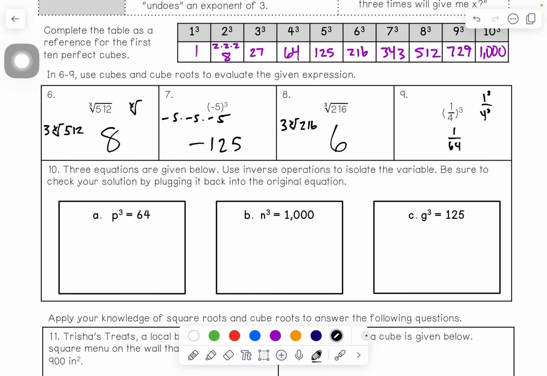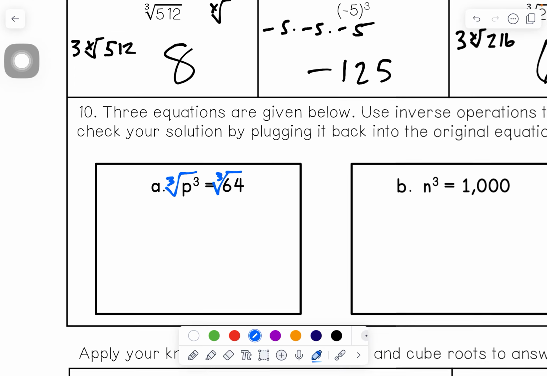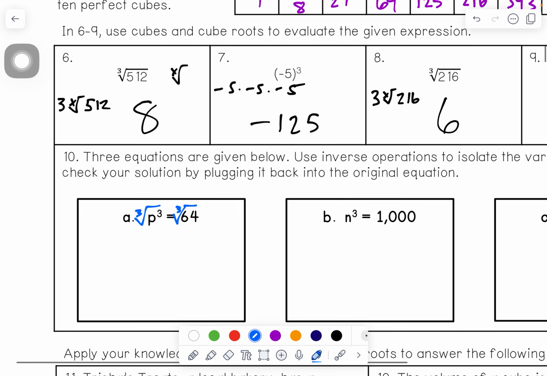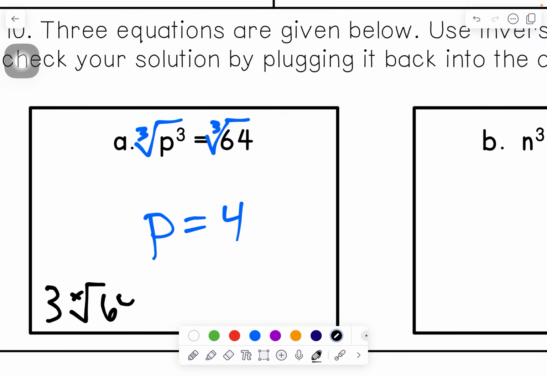Same principles down here. When we're solving an equation that has a cubed variable in it, we're going to take the cube root to do that. That is the inverse operation. So when I do the cube root of 64 for this one, I'm going to get p equals 4. Again, I'm using the X root button on my calculator, typing in the 3, the X root button, and then 64.